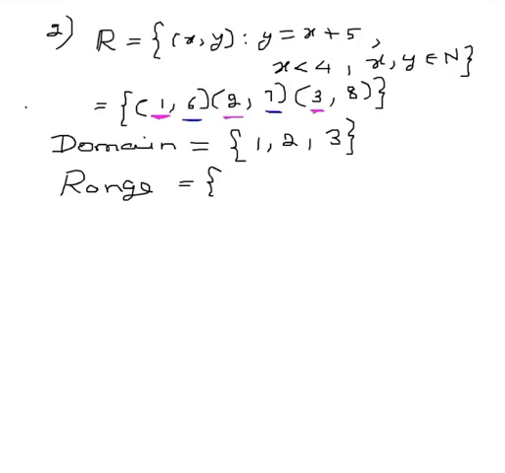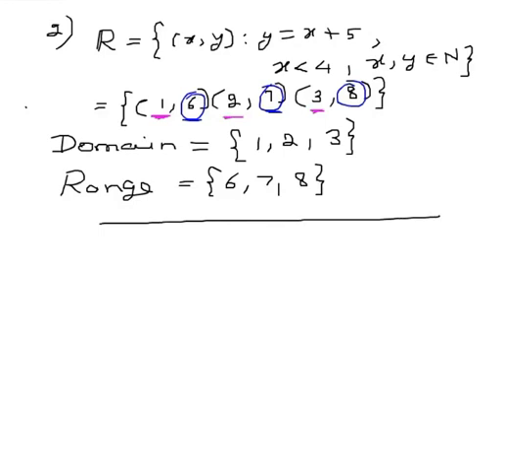The second elements are 6, 7 and 8. Here codomain is not asked. Codomain will be N because the relation is defined on N, meaning N cross N. So the second set is N, that is the codomain.